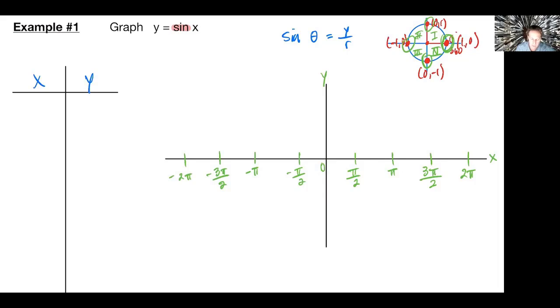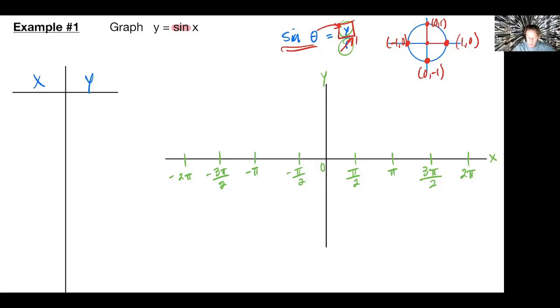So what we then need to know are what y and r are. If you remember, we are on the unit circle, which means we chose a radius of 1, and therefore for sine we only need to focus on the y values.